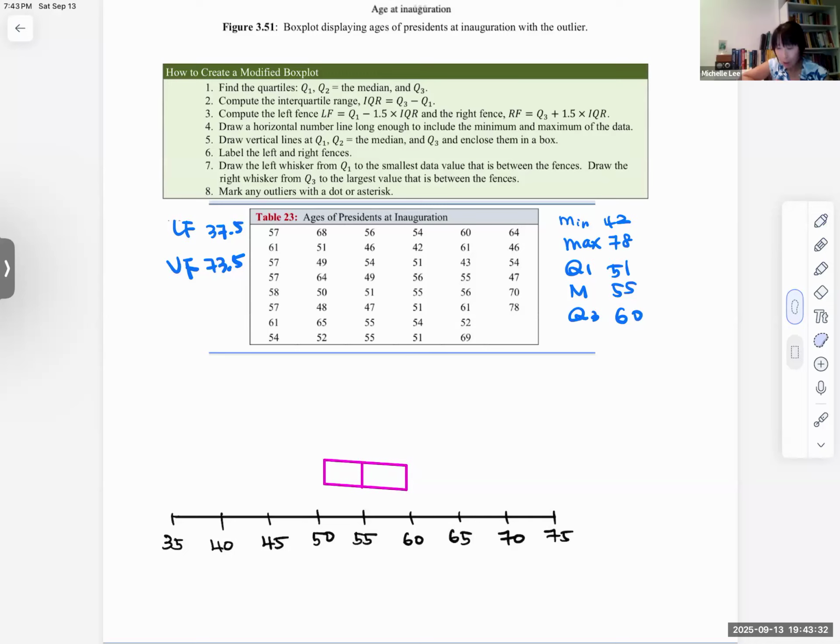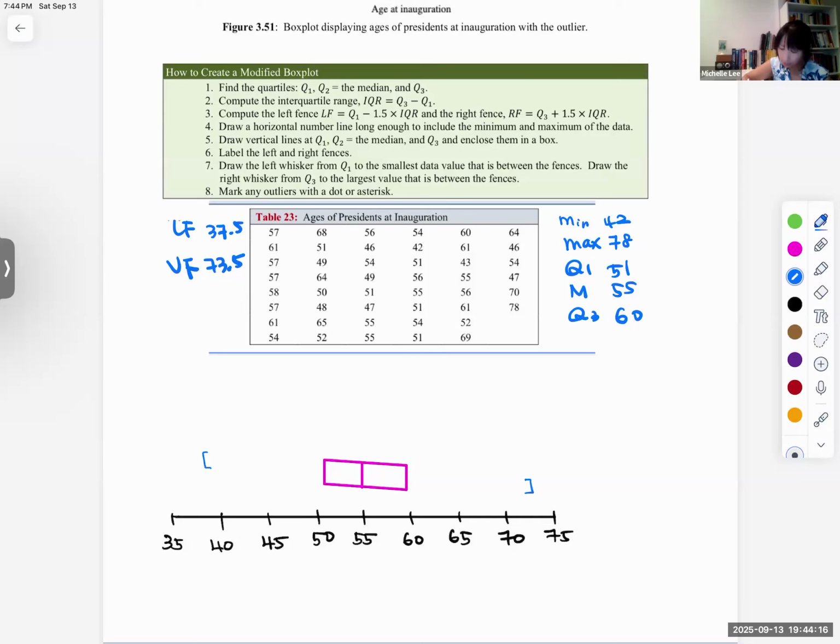Then we make a whisker from Q1 to the smallest data value between the fences. The lower fence is 37.5, so let's make a 37.5 here. The upper fence, 73.5, is over here.